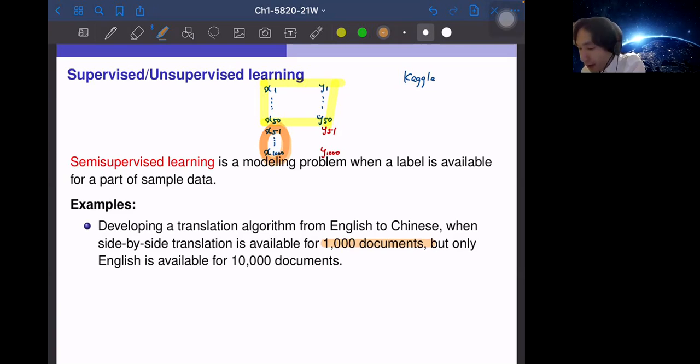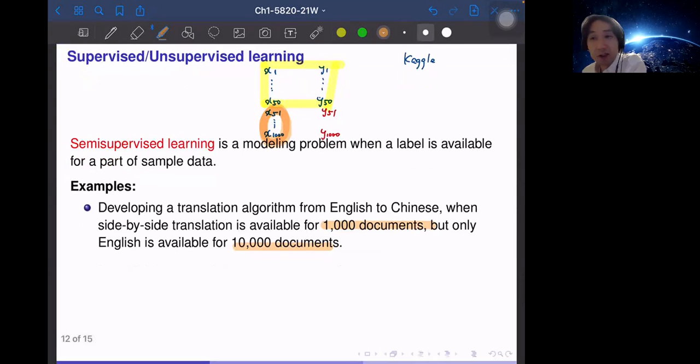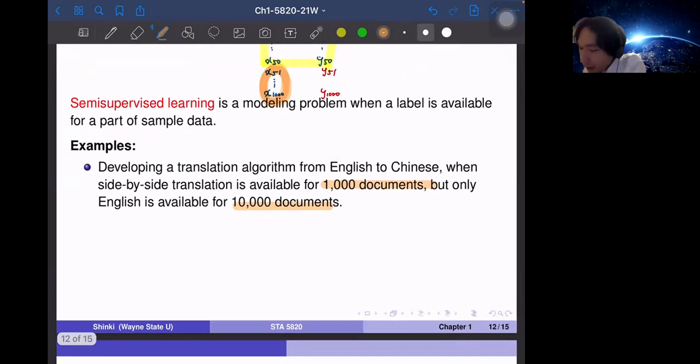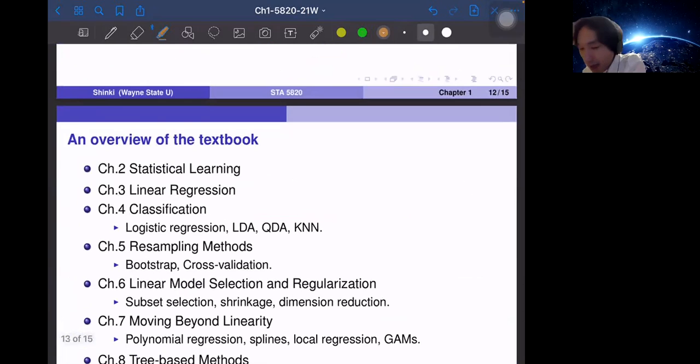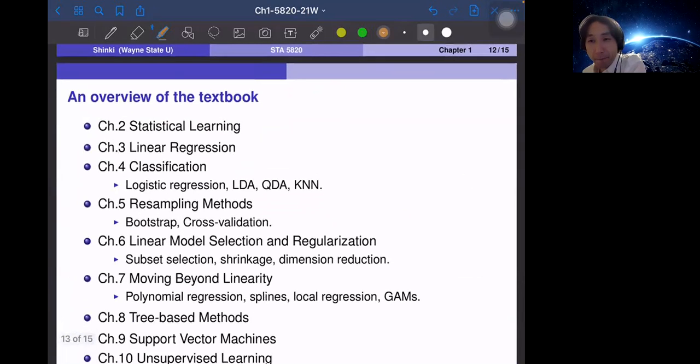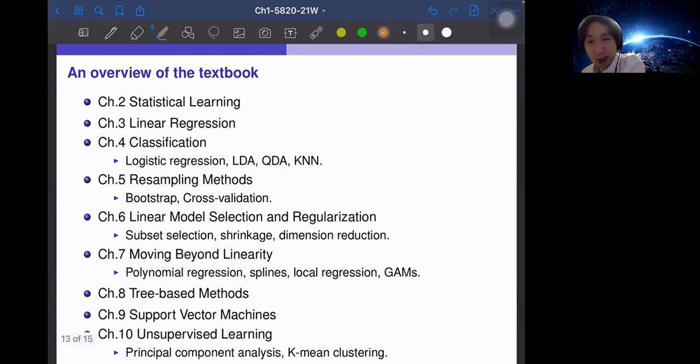So in this case, we can use the 1,000 documents, of course, but this additional information is also useful to identify the structure of the English language. So this is semi-supervised learning, and we don't cover it in the course, but I would like to conceptually explain it.